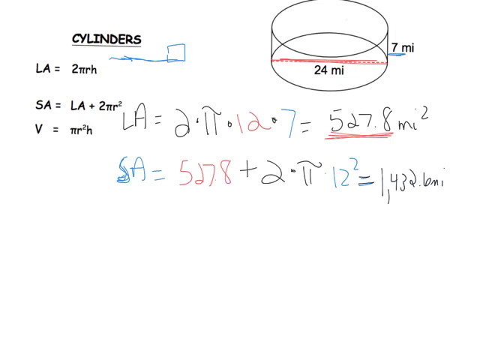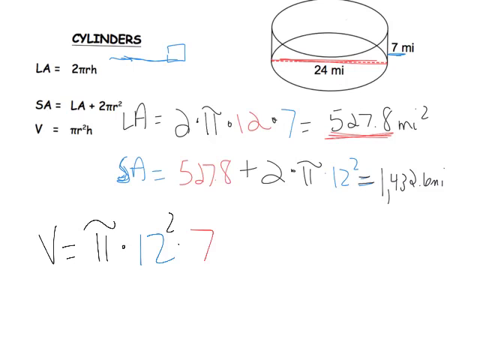All right, so now let's find the volume. So our volume is going to be pi times our radius, which is 12, squared, times our height, which was 7. Okay, so clear your calculator. We do pi times our radius squared times our 7.